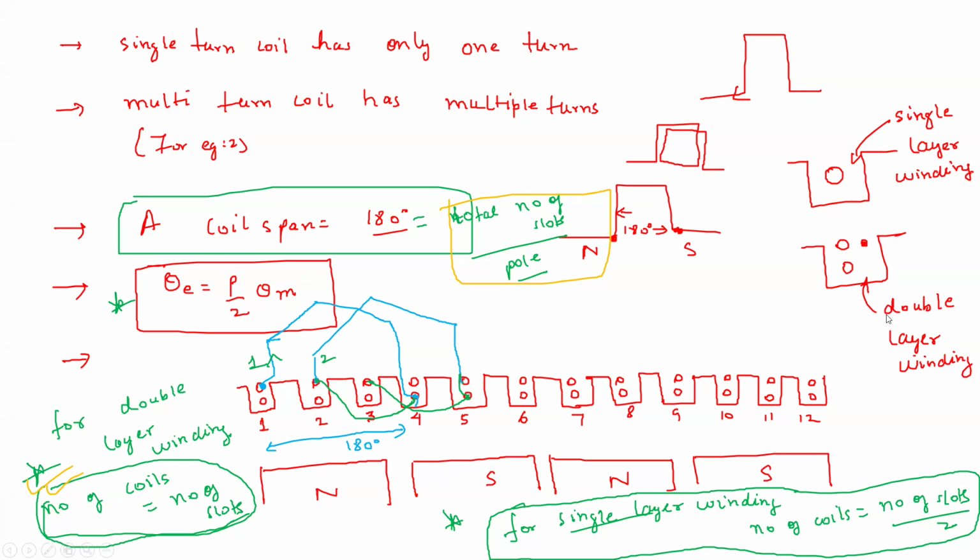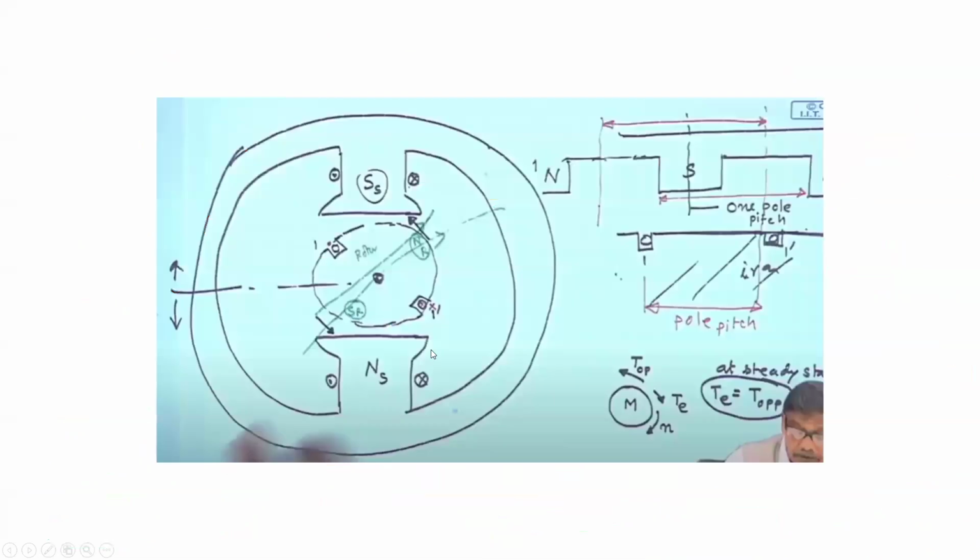That is double layer winding. For double layer winding the number of coils will be equal to the number of slots, whereas for single layer winding the number of coils will be equal to the number of slots by 2. I've discussed these so that you will know what single layer and double layer winding mean. You can refer to this slide.